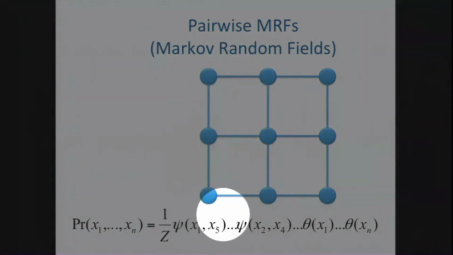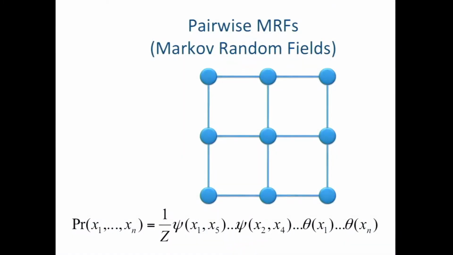So what is the distribution that's specified by a pairwise MRF like this? You just multiply all of the factors, just like we do in a Bayesian network. These are the factors over individual variables. These are the factors over edges. The only thing here is there's no guarantee that this will be normalized. In a Bayesian network, you're guaranteed because the factors have a specific meaning. They are conditional probability distributions, CPTs, so when you multiply them, you get a normalized result. Not here. So what do you do? You normalize.